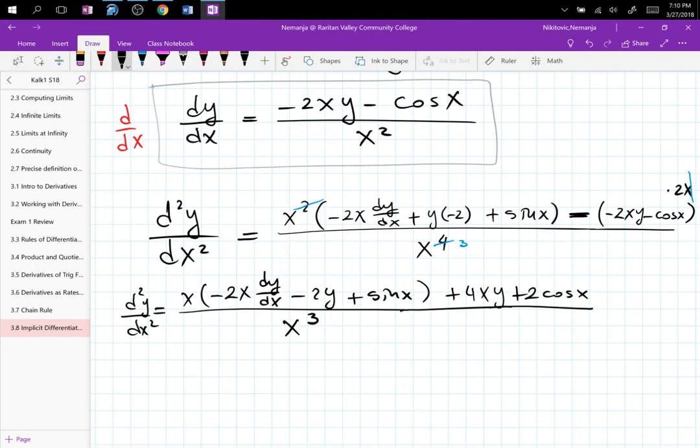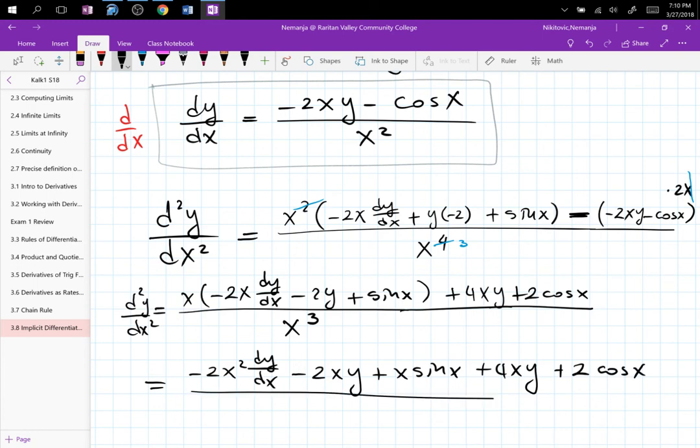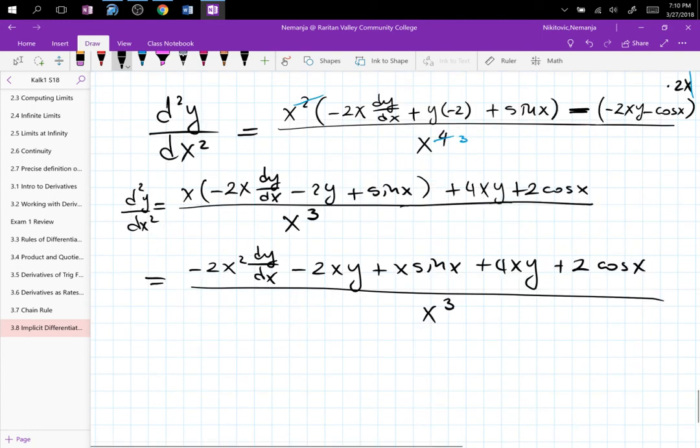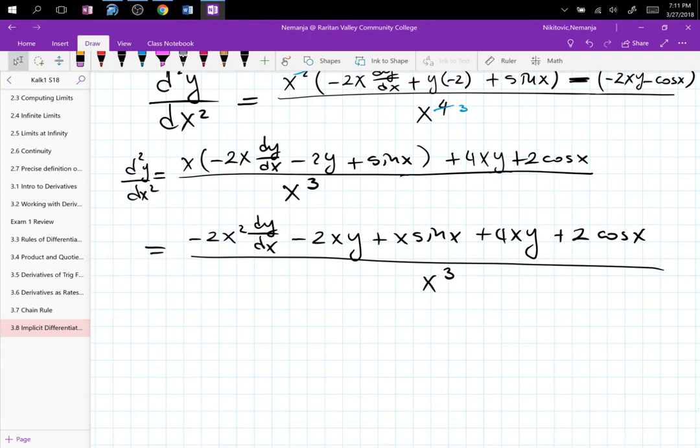Now we multiply x to get negative 2x squared dy dx minus 2xy plus x sine x plus 4xy plus 2 cosine x, everything divided by x cubed. We can combine the like terms, and at the same time, you see the dy dx?